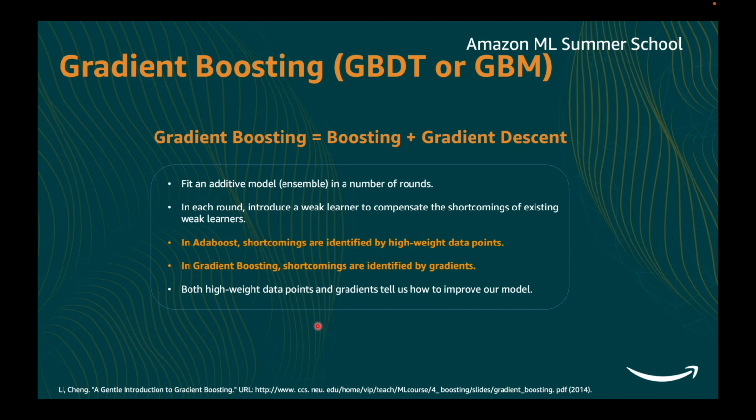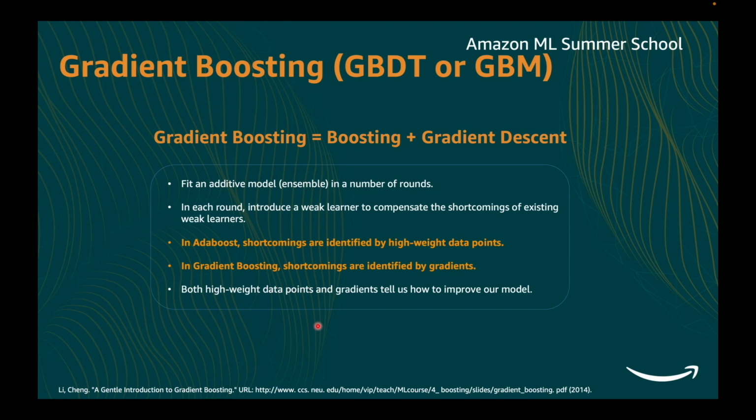So in each round, you introduce a weak learner to compensate for the shortcomings of the existing weak learners. Now the difference between AdaBoost and gradient boosting is that in AdaBoost, the shortcomings are identified by your high weighted data points. The vector where the probability scores were high, that is how you identified which data points to focus on.